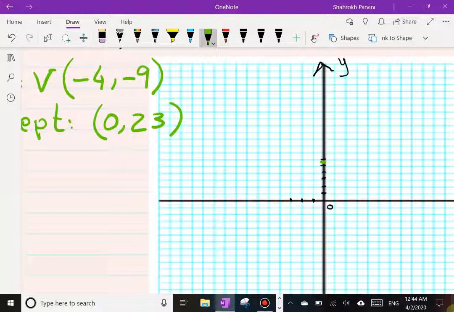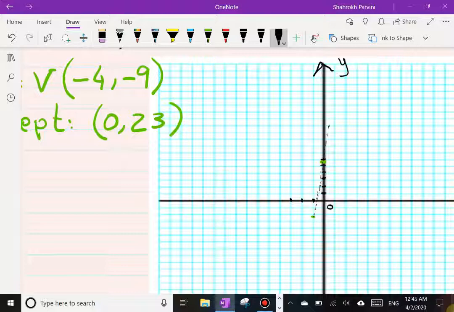And of course, -4, -9: this is -4, and -9 is roughly about here. Then I'm going to try to draw this parabola the best that I can, making it go through these 2 points, something like this. Again, I have a better drawing of this using the software.